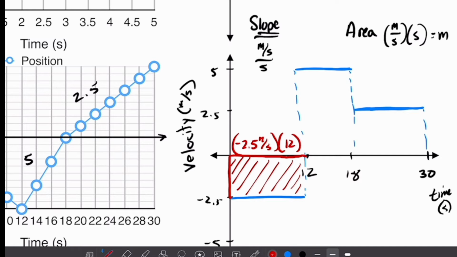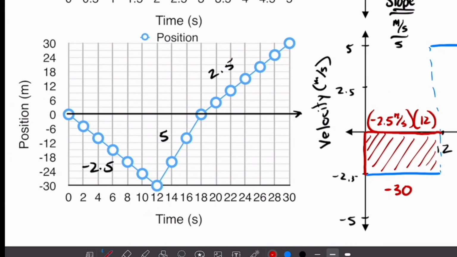But there's a negative sign there, so negative 30. Now, this suggests that the object moved away from the origin in the negative direction 30 meters. It did so in the first 12 seconds. That's kind of what I see here. Started at the origin, moved to the 30 meter mark in what appears to be 12 seconds.